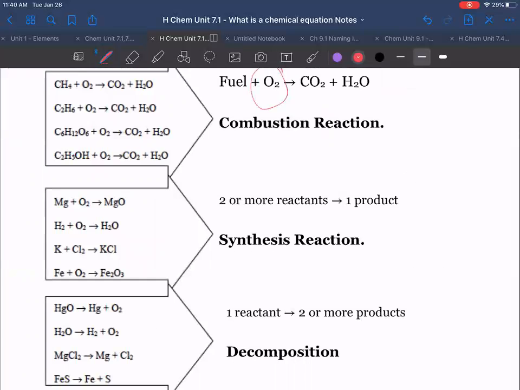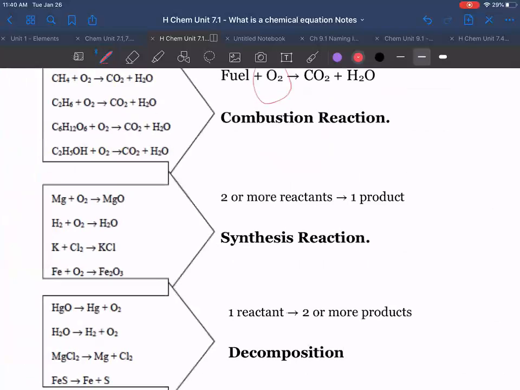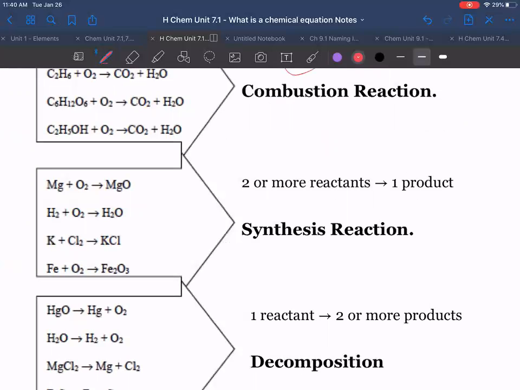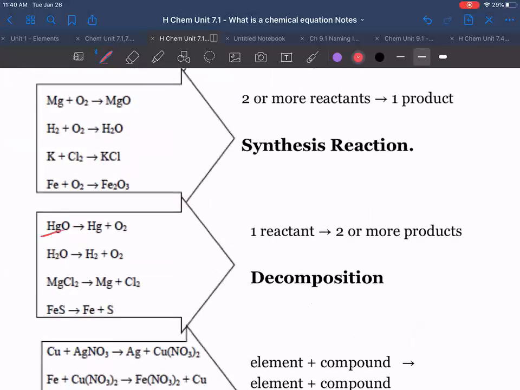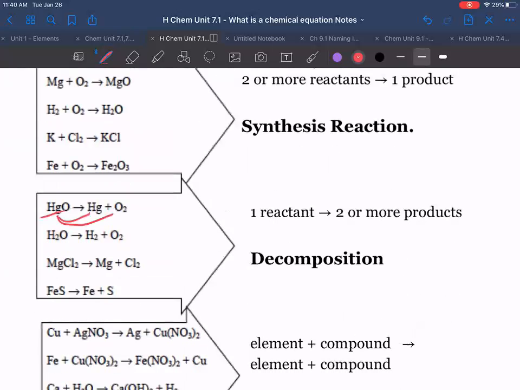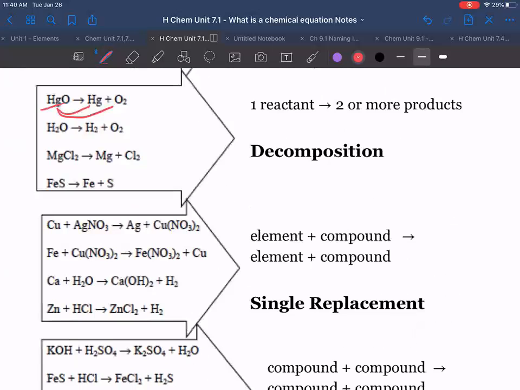Synthesis. If you synthesize something, you're making it. So here, if you're adding 2 parts to make 1, then you're synthesizing. Versus the other direction, decomposition, you start with one thing and you decompose it into its 2 parts. Then we have single replacement.